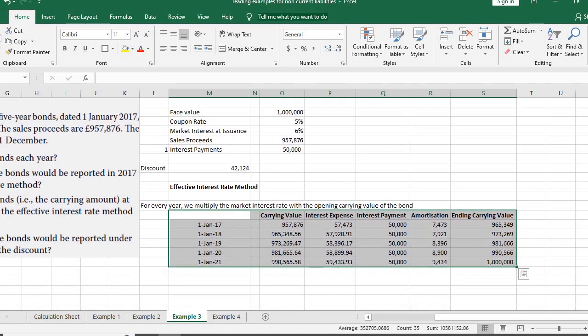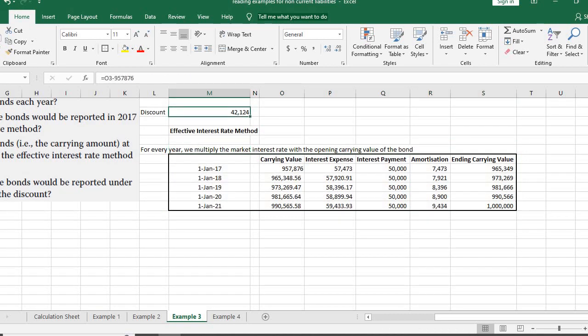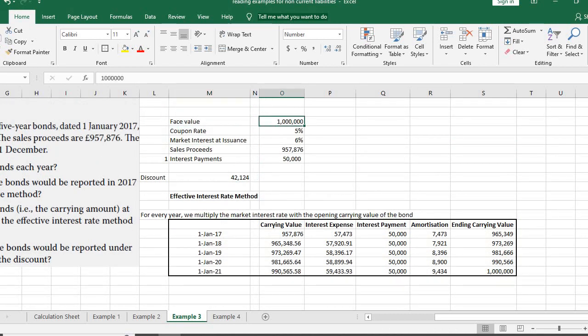So just to go through this example once again, we had a bond with a face value of £1,000,000, a coupon rate of 5%, the interest rate at the time of issuance was 6%, and the sales proceeds were £957,876. So using the effective interest rate method, for every year we multiply the market interest rate with the opening carrying value of the bond. So the opening carrying value for the first year was 957,876. We multiplied that by 6%.